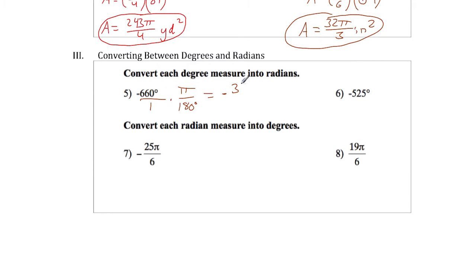And we would get 33 pi over 9. And yeah, that can't be reduced. Oh, no, sorry. 3 is a factor. So I can actually change this to negative 11 pi over 3. Of course, that is in radians.